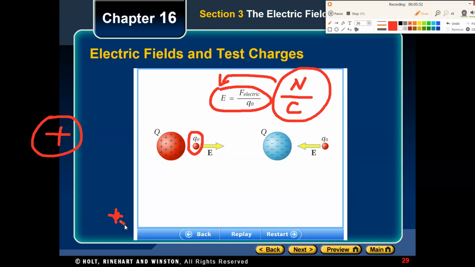The direction of the electric field is the same as the direction of the force, so for this positive charge, the electric field points away from it. If you have a negative charge, it is going to be attracted to this positive charge. You can imagine putting it in, so the direction of the electric field for a negative charge points towards it.